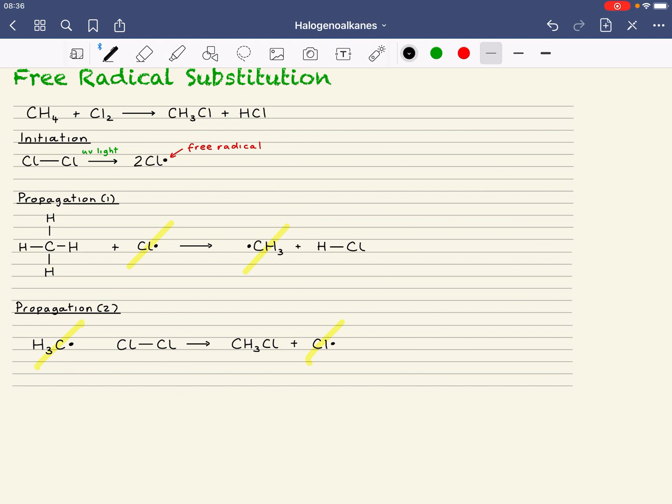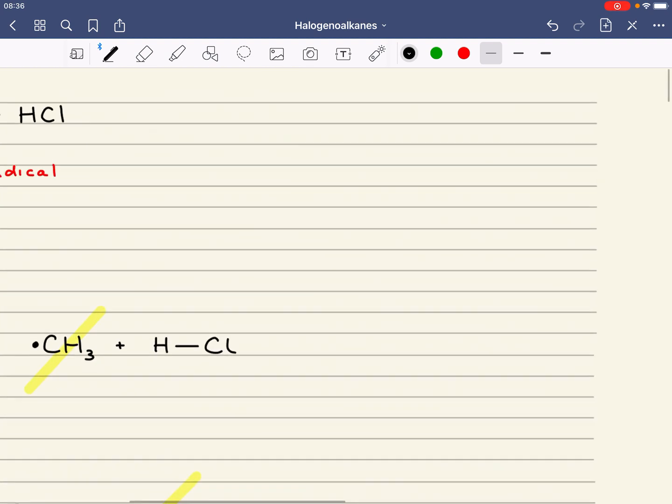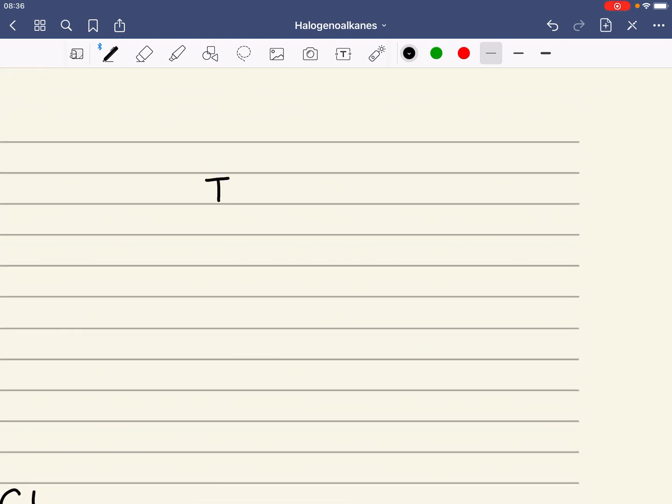Now, there is a termination step in this reaction as well. The termination step occurs when any two radicals combine. They will usually tell you what product they want you to form, so outline a termination step for the formation of a certain product.